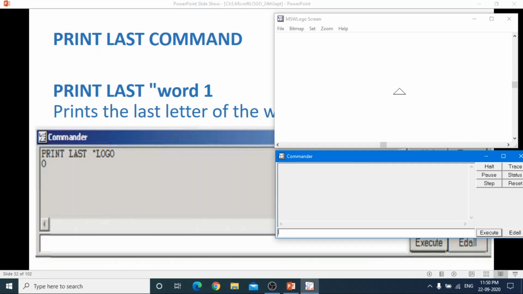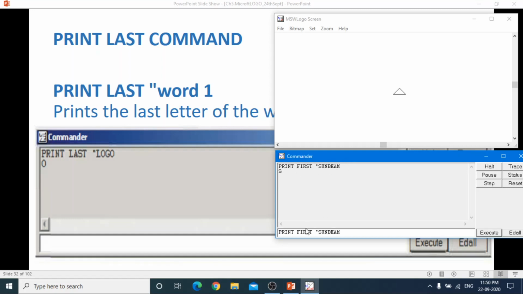See, print first, double quotes, sunbeam. Okay, I am going to execute it. It will print the first letter from sunbeam.